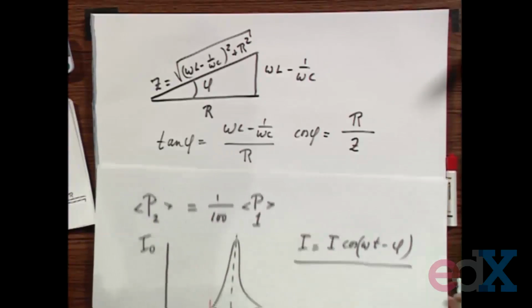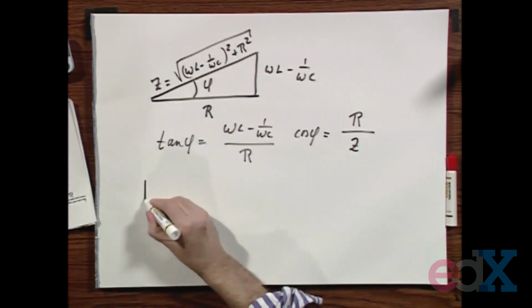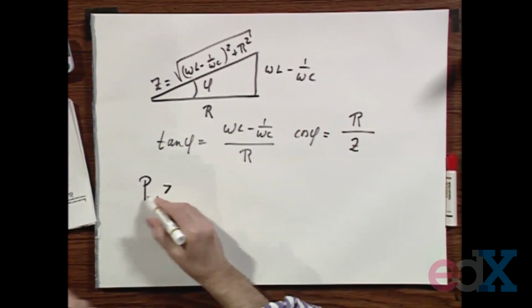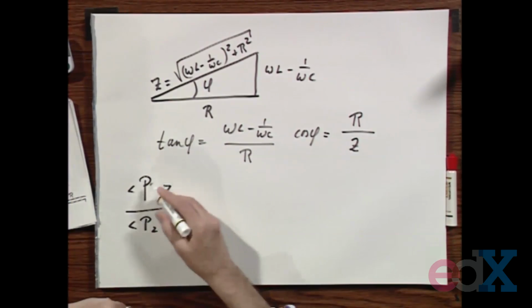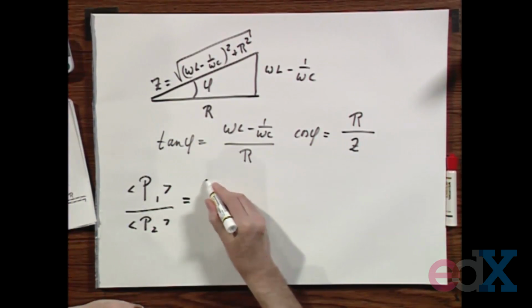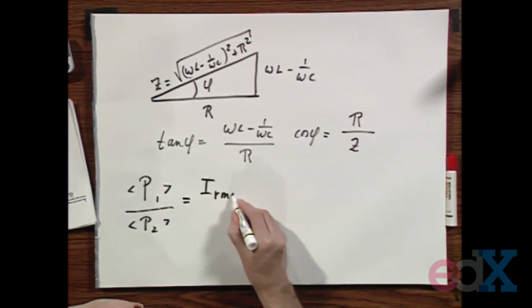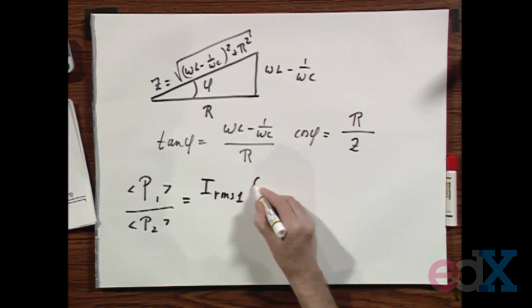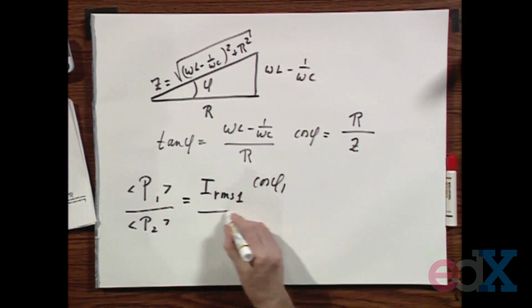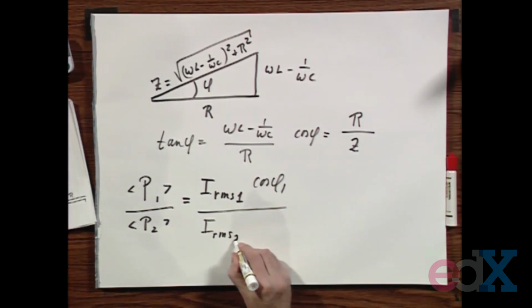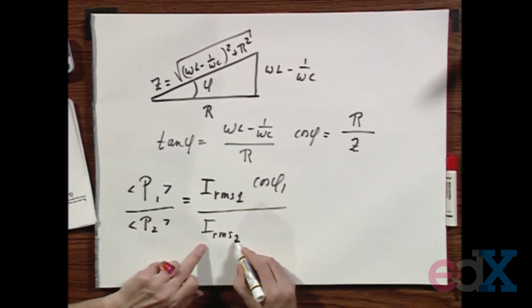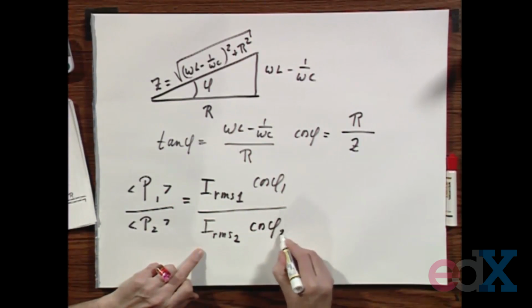So now, how about the power ratios? The ratio of the mean powers would be I RMS of station 1 times cosine phi 1, divided by I RMS of station 2 times cosine phi 2.